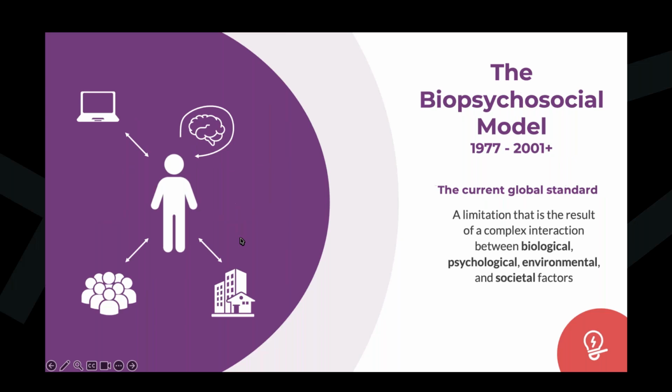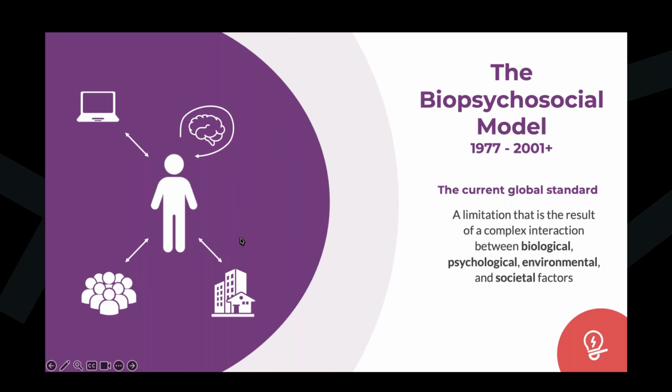And so in 1977, we got what's called the biopsychosocial model. And this is the current standard that is adopted by the World Health Organization. It is the most complex, but it is the most true to what's actually going on. What it says is that disability emerges from an interaction between people and their environment. And also that people can have disabling thoughts. The way we view ourselves can actually be disabling.